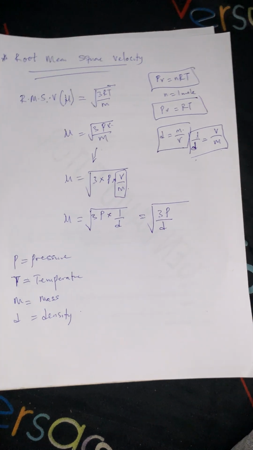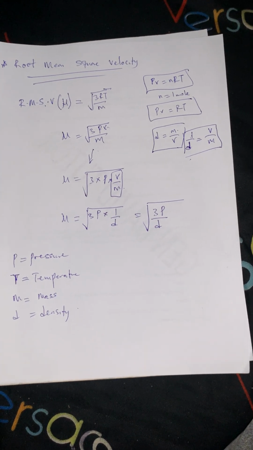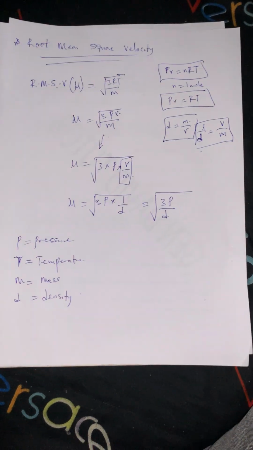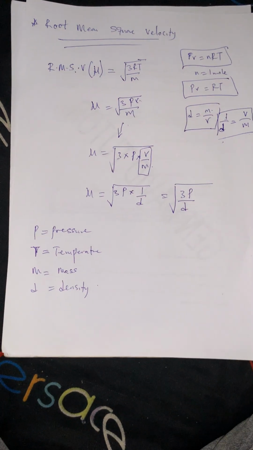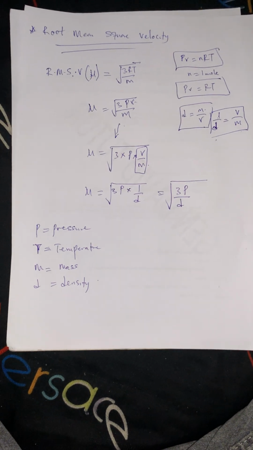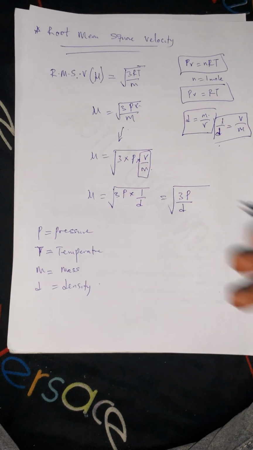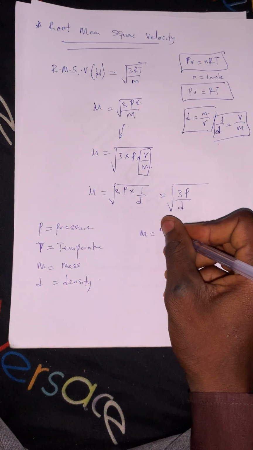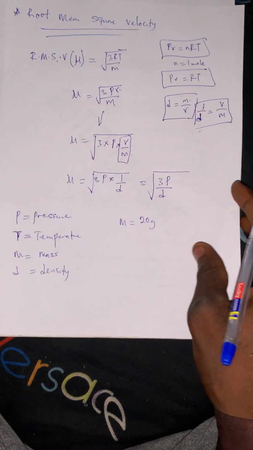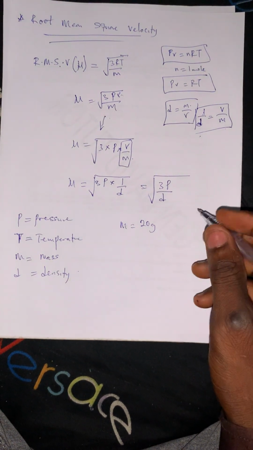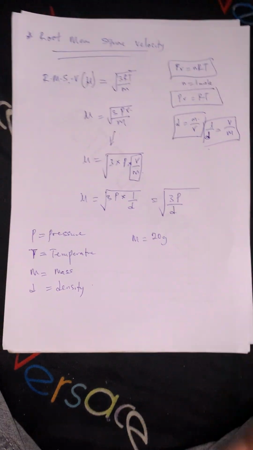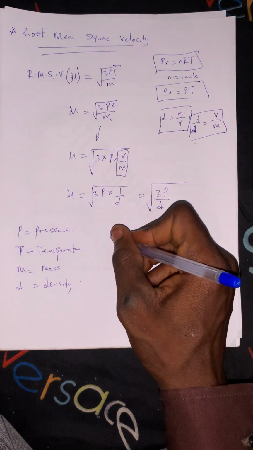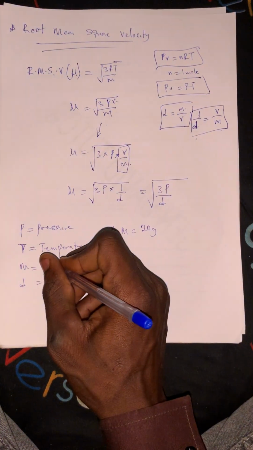Now, this aspect, some people do it under chemistry, but take note: if you are given the mass in gram, like if you are given the mass of a substance, maybe 20 gram, you have to divide by 1000. Or let me say the mass you'll be given is the molar mass, the molecular mass.